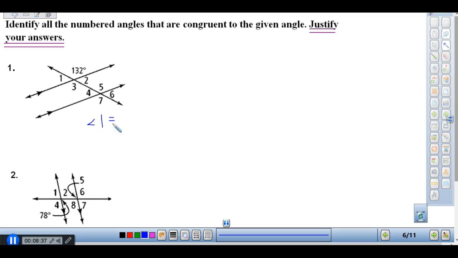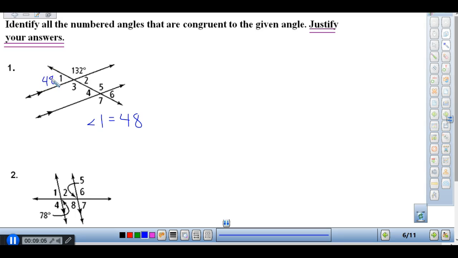Angle 1 is what? 48. Because 180 minus 132. Holy buckets, guys. Your calculators are all over there. I would start grabbing ones as you come in. You're going to need them. So we know angle 1 is 48.